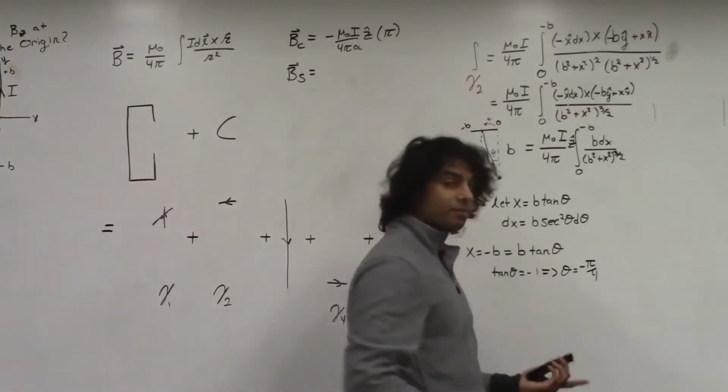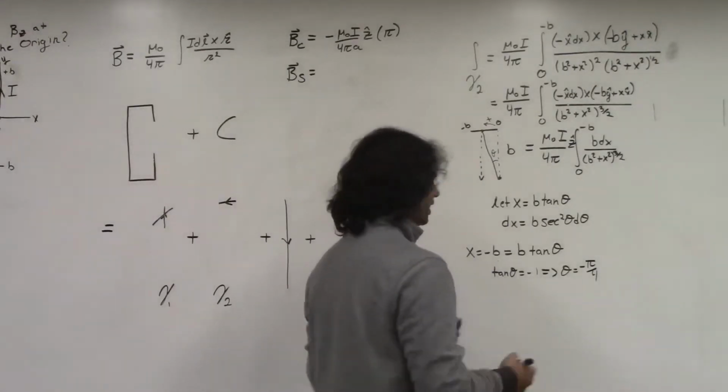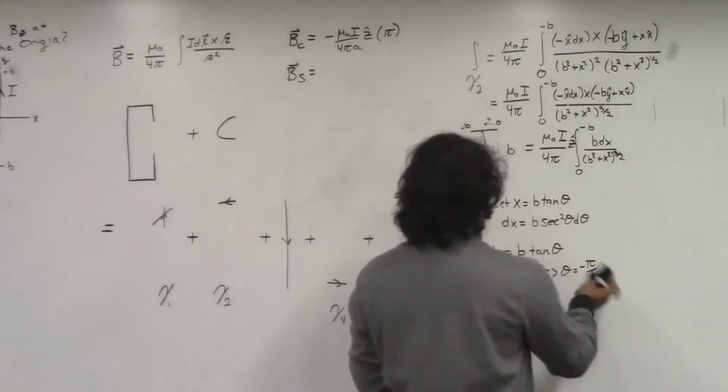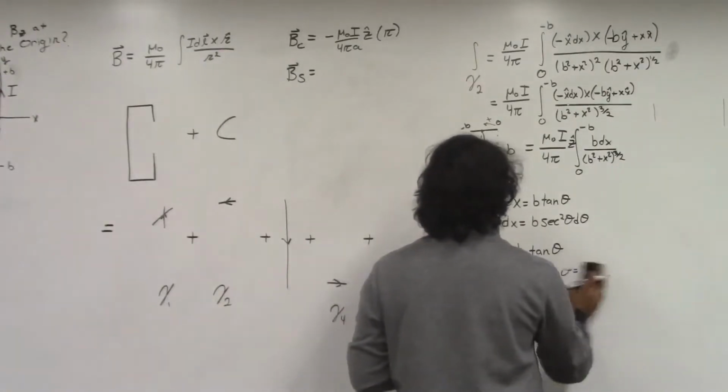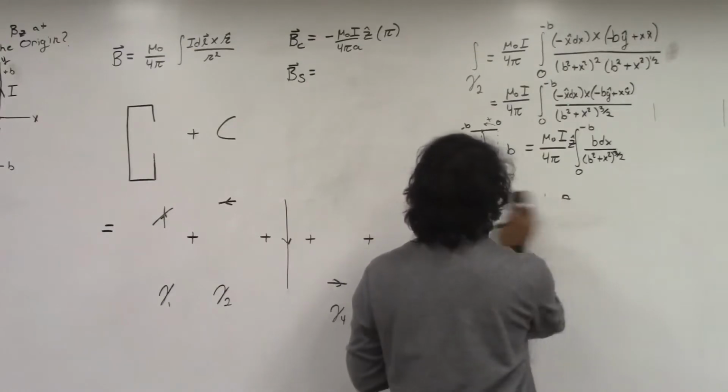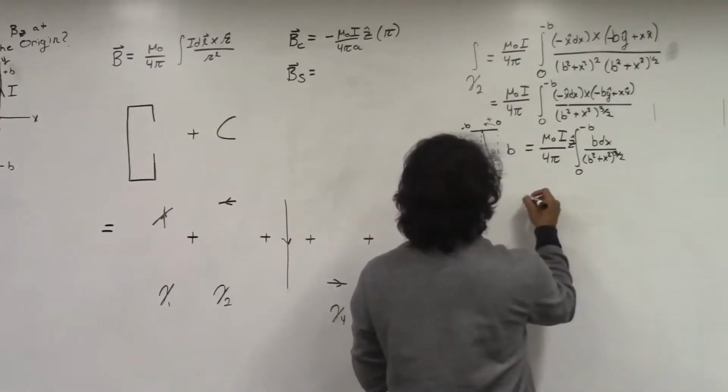Now we can play the same trick for the 0 bound, but tangent of 0 is conveniently also 0. So I can now rewrite my integral.